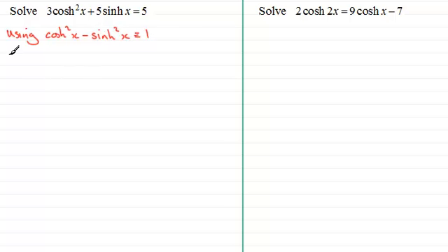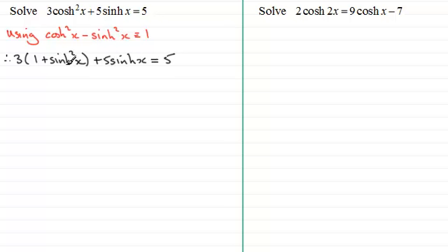So we've got therefore 3 multiplied by 1 plus sinh squared x, and then plus 5 sinh x, and then that would equal 5.